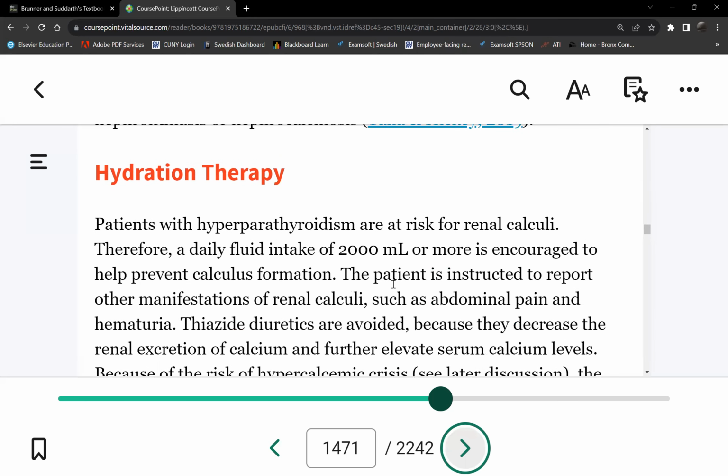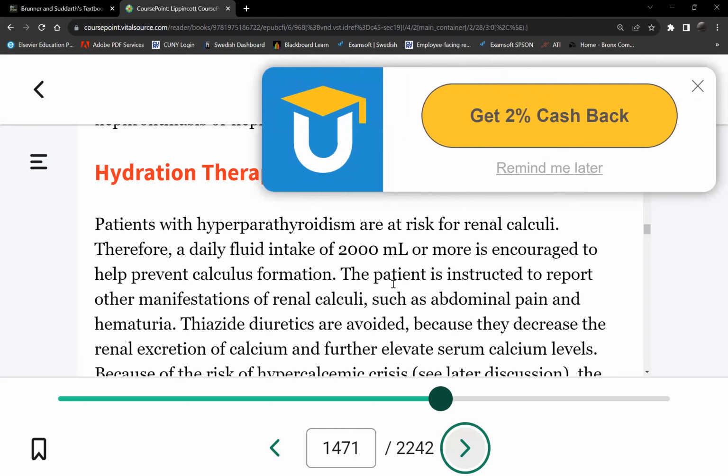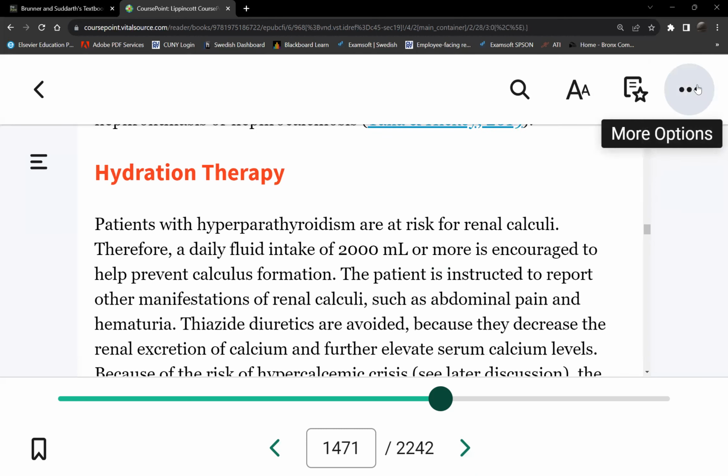Now, until the patient has surgery, we have to manage the hypercalcemia, correct? Because we can't just decide, okay, let's do surgery right now. No, we have to prepare the patient, remember? Just like in hyperthyroidism, we did not do surgery right away. We gave iodine preparations, PTU or methimazole.